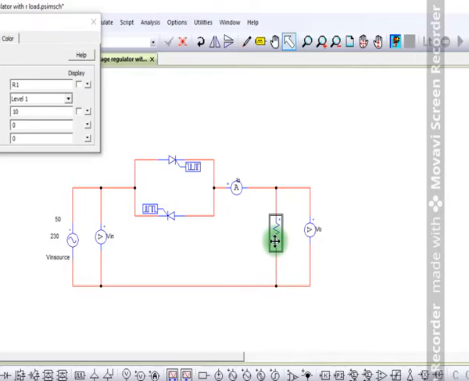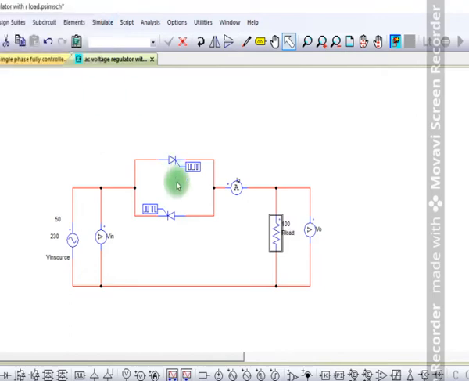After this, as usual, we will take a 100 ohm resistance, and this is the load resistance, so this is 100 ohm.